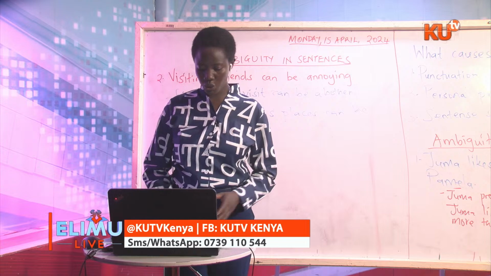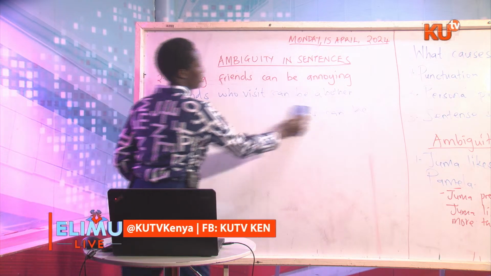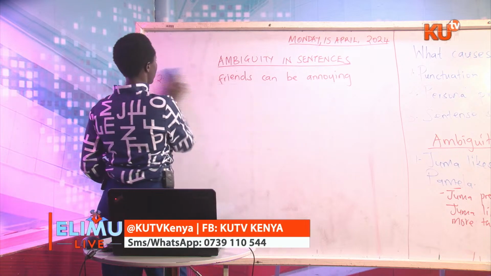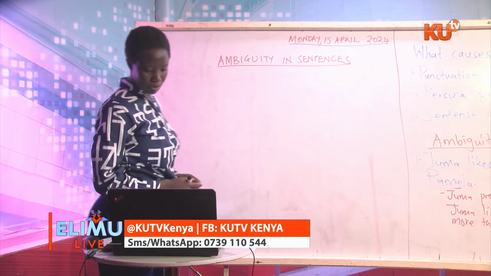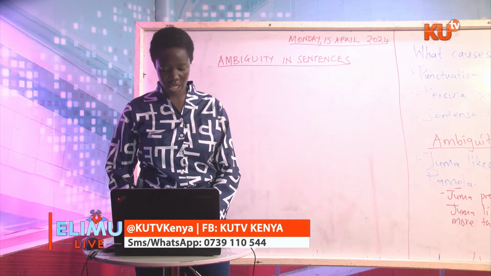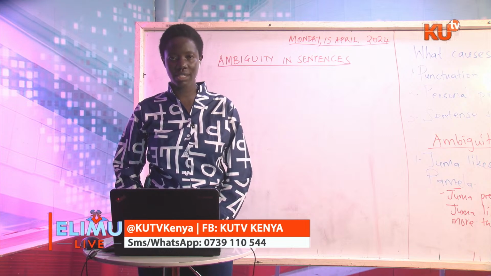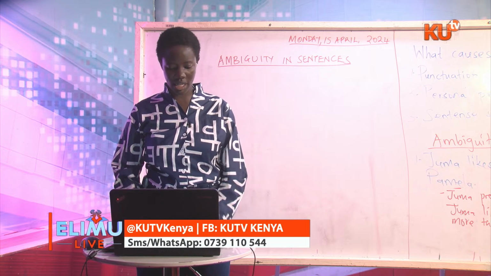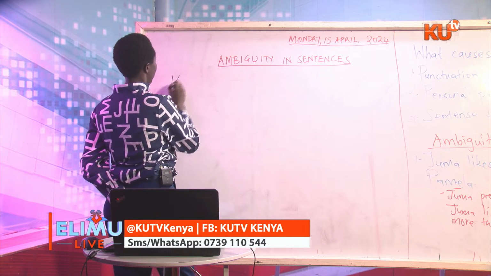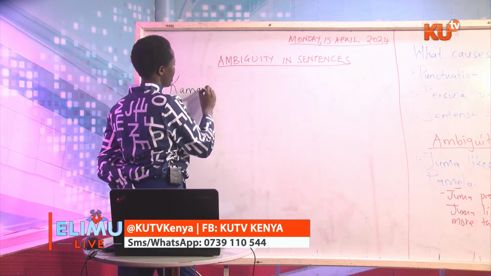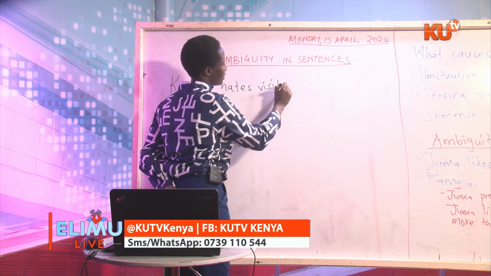So in 2017 we had a question under ambiguity, and the question was: explain the two different meanings in the following sentence. The sentence is: Kamau hates visiting relatives.